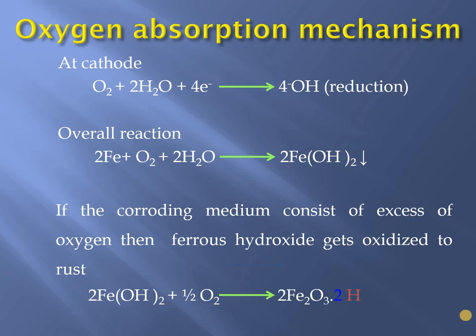So Fe(OH)2 in presence of excess of oxygen will get converted into Fe2O3·2H2O. So the reaction will be 2Fe(OH)2 + half O2 gives Fe2O3·2H2O.